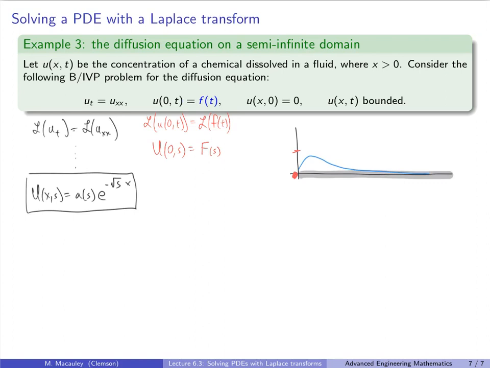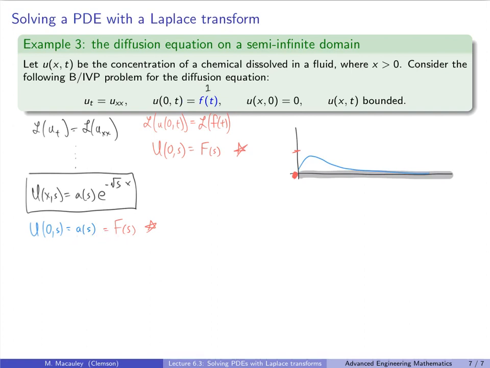So as we did before, if we plug 0 in here, so U of 0, s, the exponential goes away, and we get A of s. And again, the Laplace transform of f has to be equal to A of s. So this is equal to F of s, and that's from here. So the special case we did last time was when this was equal to 1, and the Laplace transform was 1 over s. So this is the more general form.